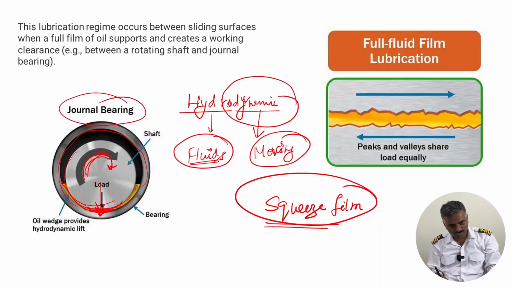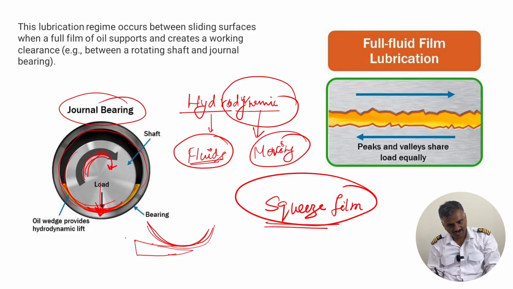So as soon as the oil is squeezed inside, it creates a wedge-like surface like this. So like this, your bearing is now on the oil wedge. The oil wedge is providing a hydrodynamic lift.